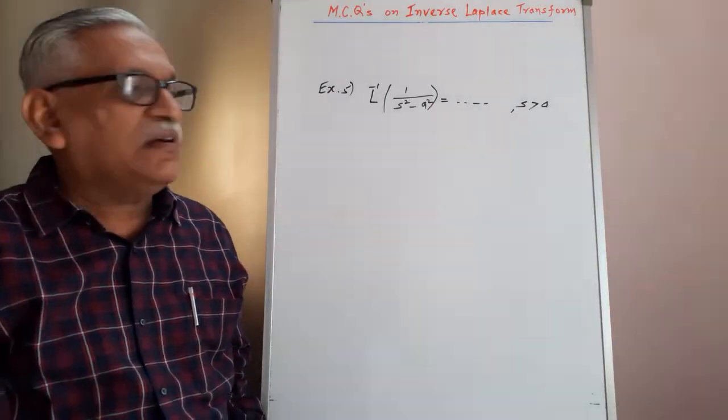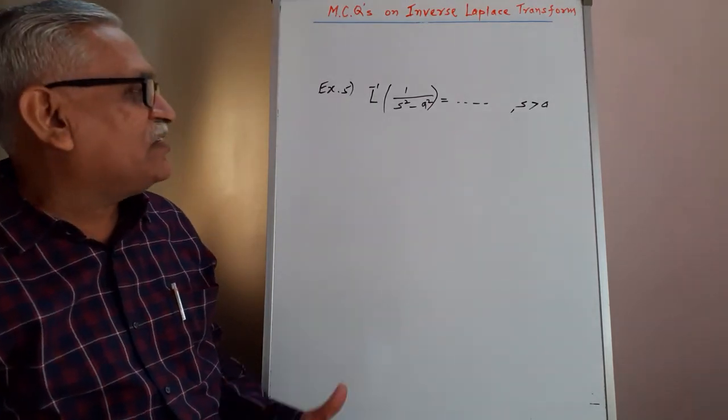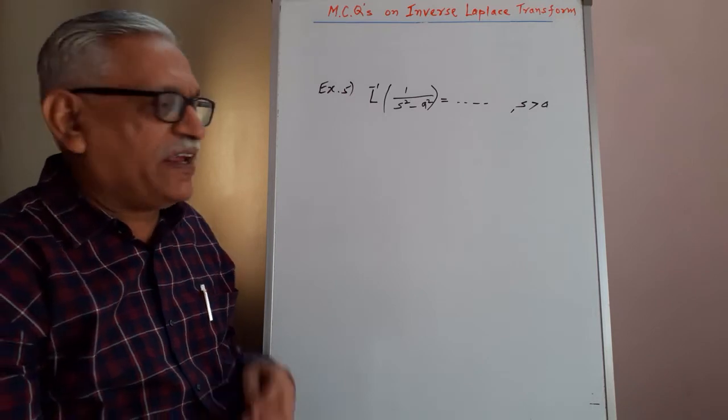Fifth example, find inverse Laplace of 1 upon s square minus a square with the condition s greater than a.